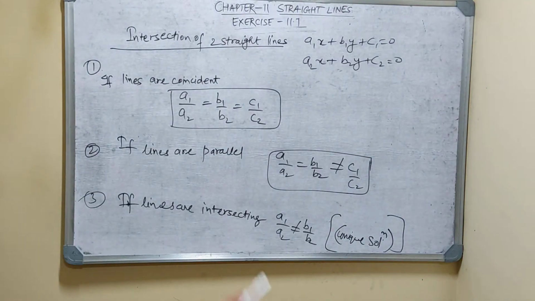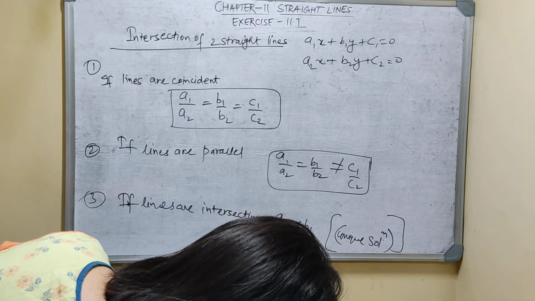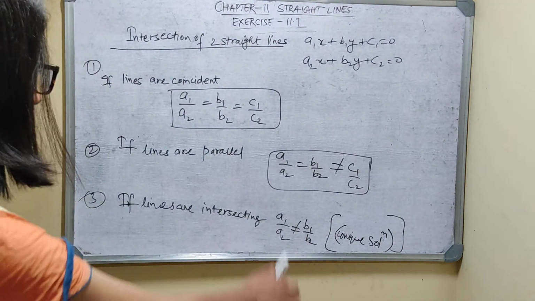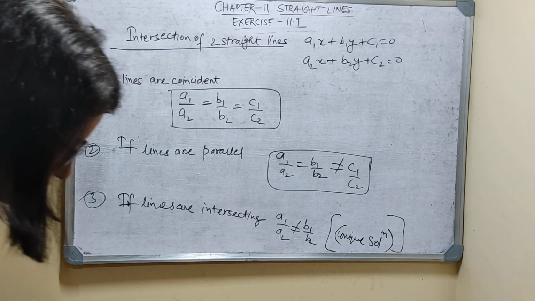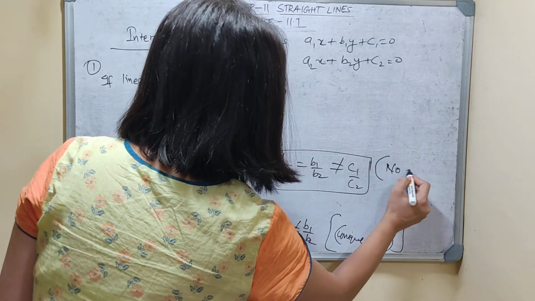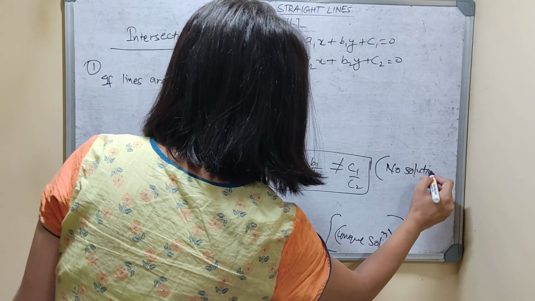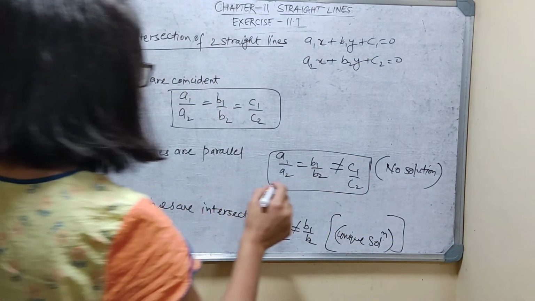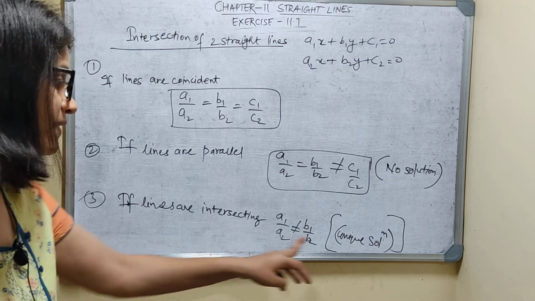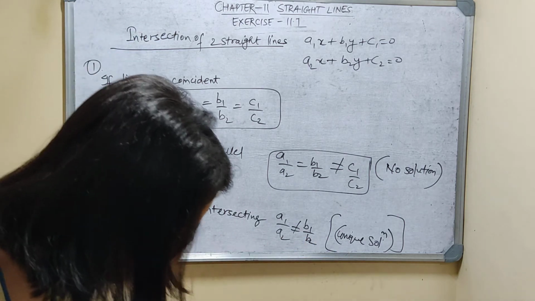And when a1 upon a2 is equal to b1 upon b2 is not equal to c1 upon c2, this equation has no solution, because the lines are parallel, so you will not get any solution. Lines intersecting give a unique point, a unique solution.